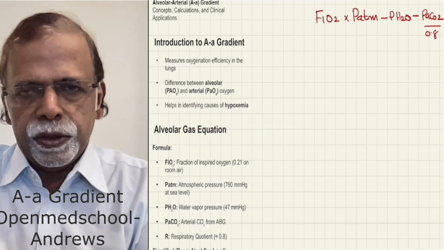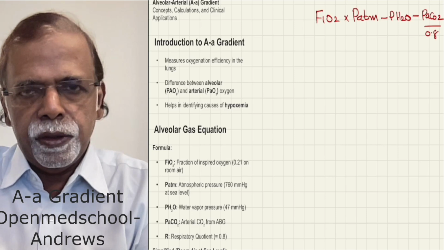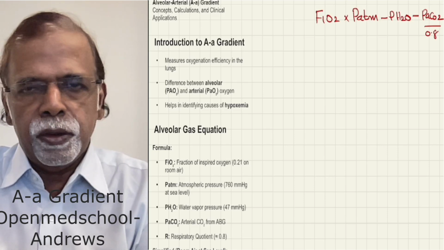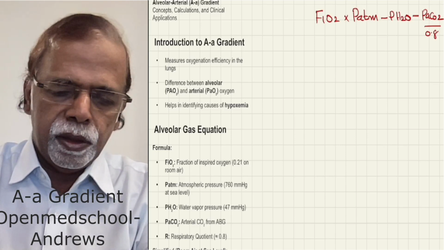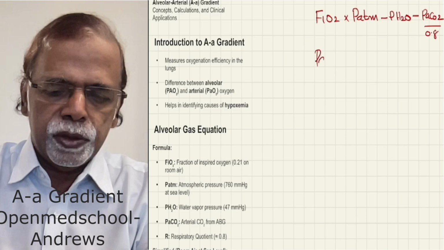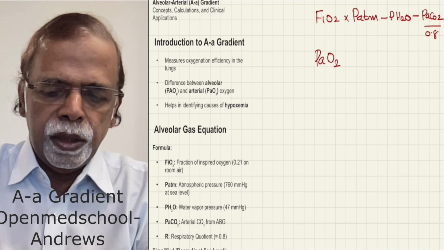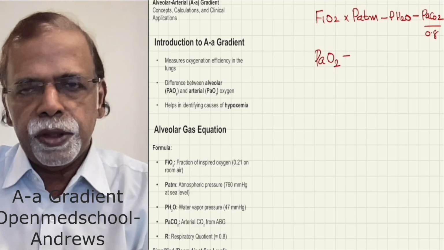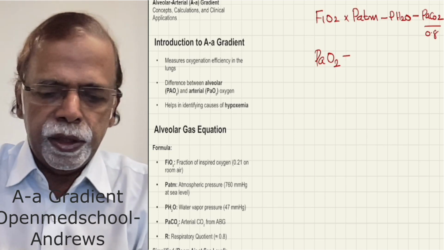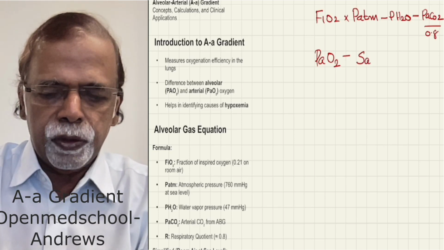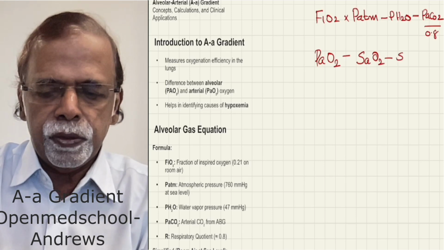Last time we discussed the ABG, in which we concentrated on oxygenation. Oxygenation is measured by the partial pressure of oxygen in the artery, otherwise called the PaO₂. They calculate the saturation of hemoglobin, the percentage which is oxygenated, that is the SaO₂. So SaO₂ is almost equal to the SpO₂.